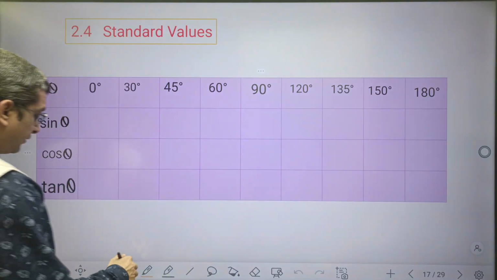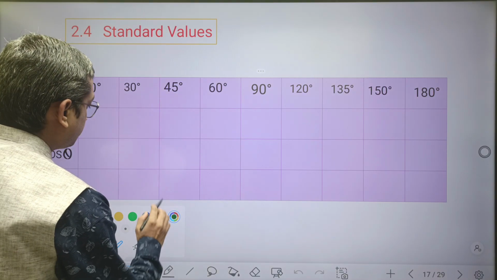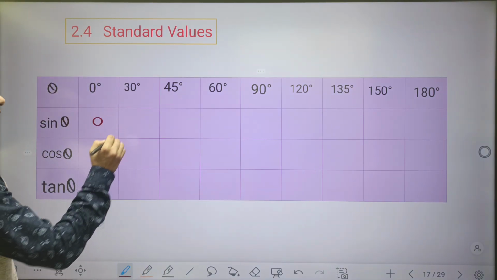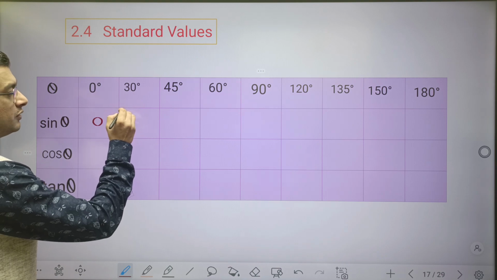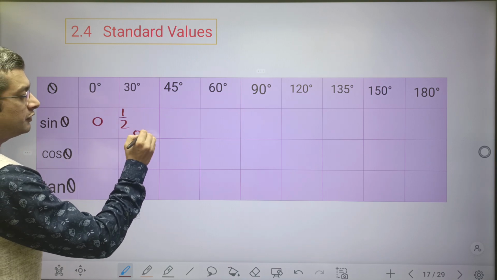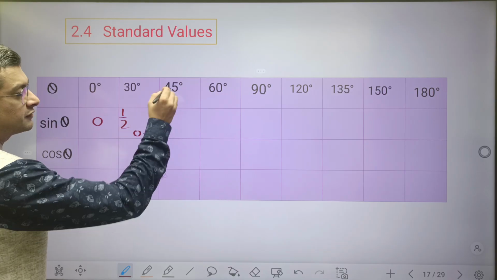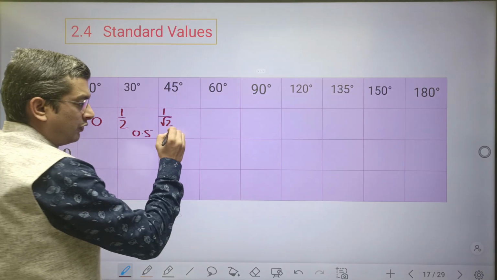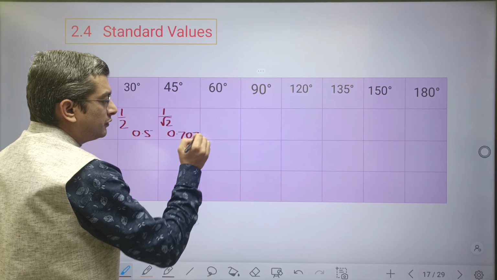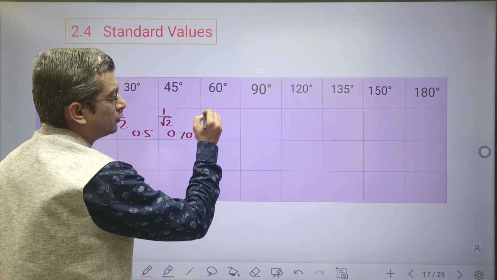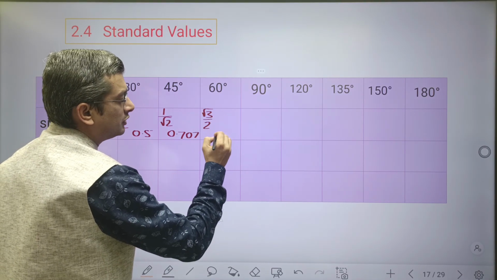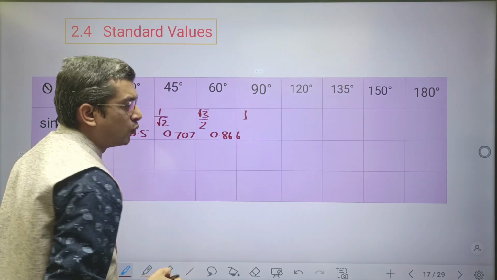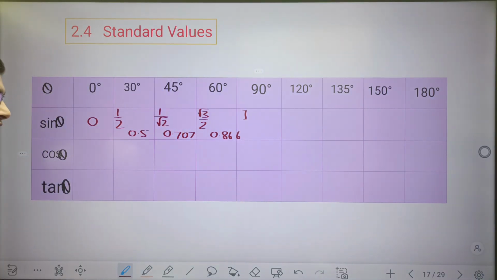For example, sine 0 is 0, sine 30 is 1 by 2, that is 0.5, sine 45 is 1 by root 2, that is 0.707, sine 60 is root 3 by 2, that is 0.866, sine 90 is 1.